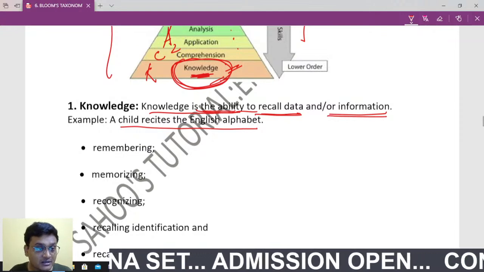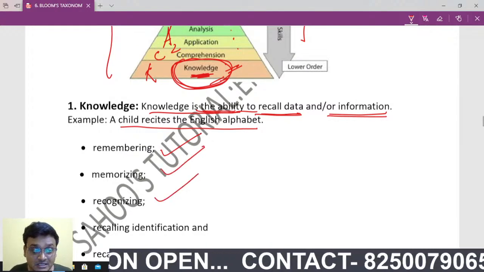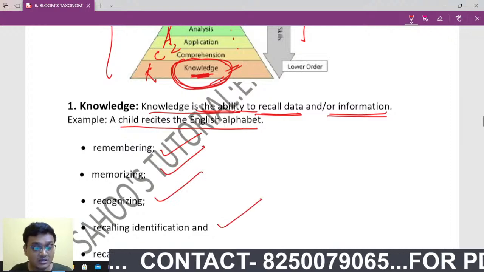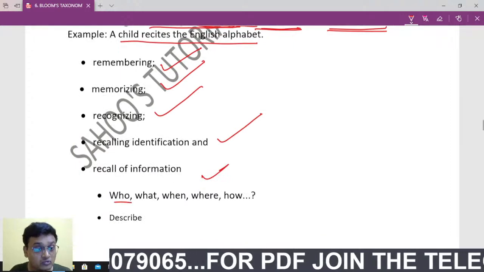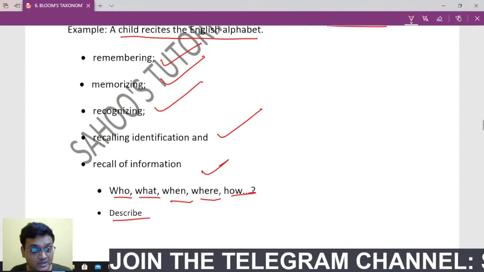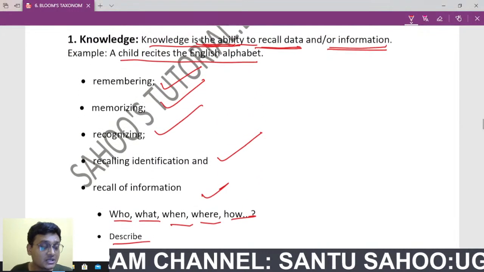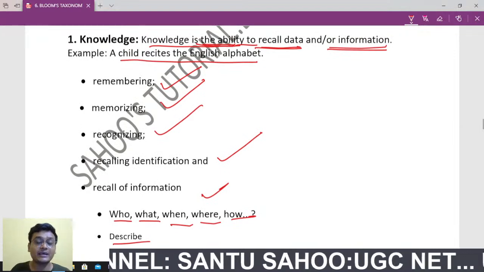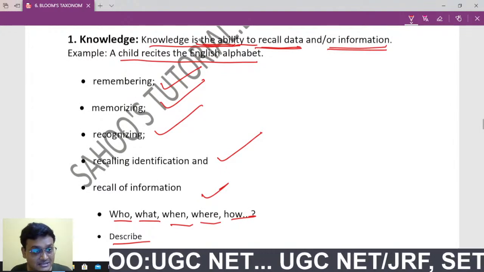Like remembering, memorizing, recognizing, recalling identification, recalling information, recall of information such as who, what, when, where, how, and describing things. So these are the things that are related to knowledge: the ability to recall data or information, like a child reciting the English alphabet.